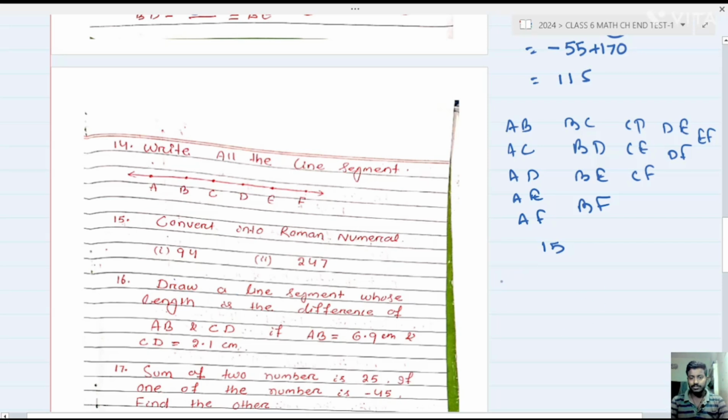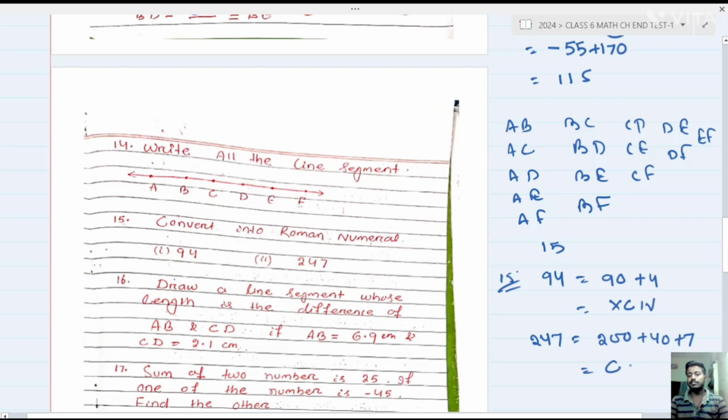So question number 15, that is 94. We know that 94 means 90 plus 4, that 90 is XC, 4 means IV. Now 247, 200 we can write 200 plus 40 plus 7.